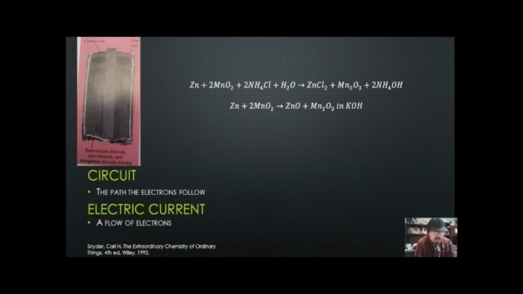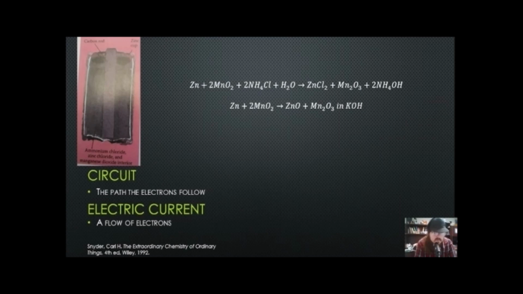There are also dry zinc cells that were replaced by alkaline batteries, of which I have a cross-sectional picture, not as commonly used nowadays, but they're still there. We have lithium ion batteries, which are in our computers and in our Tesla vehicles.